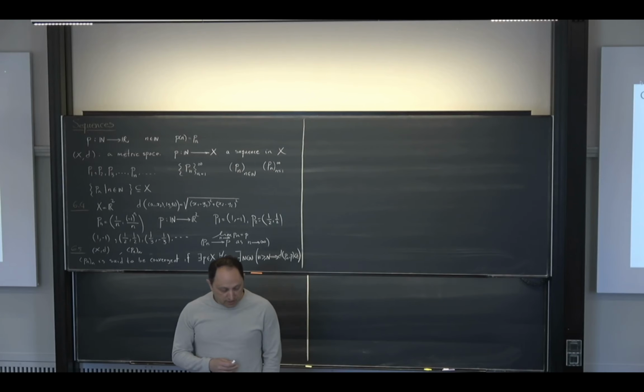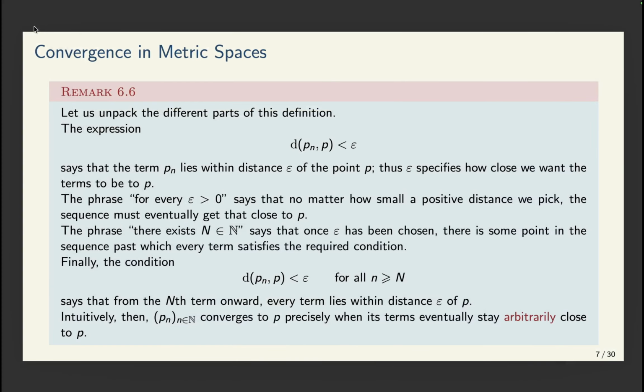So what does this mean? Let us unpack the different parts of this definition. I have written it here for you. So what is the meaning of this d(Pn, P) less than epsilon? What is the meaning of this symbol? It means the distance between Pn and P is less than a given number epsilon. This is clear.